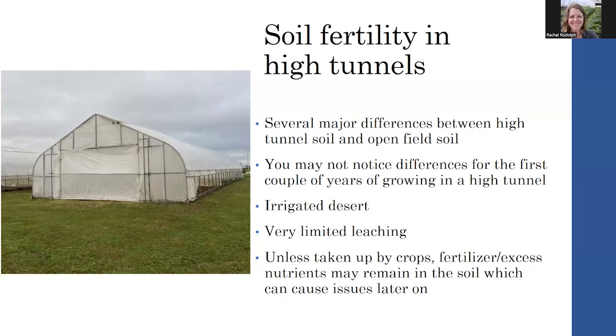And so that affects how nutrients in the soil stay there or build up. So unless a nutrient is taken up by the crops in that high tunnel, those excess nutrients that remain in the soil can cause issues later on.